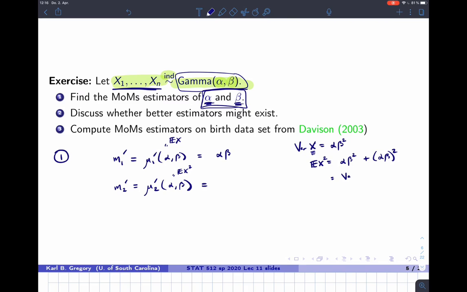Remember, I can get the second moment by taking the variance and adding the square of the first moment.